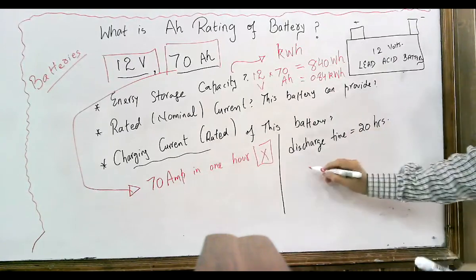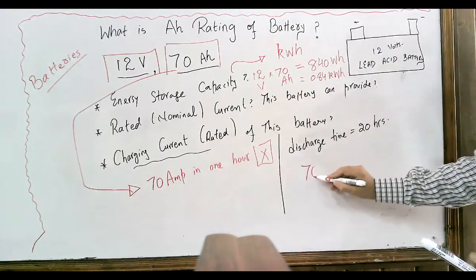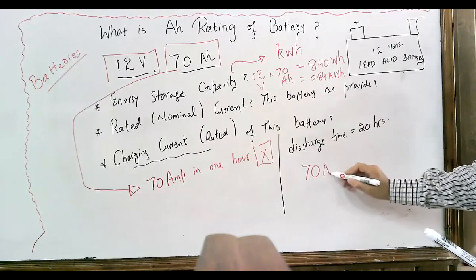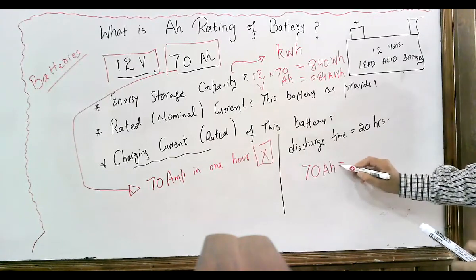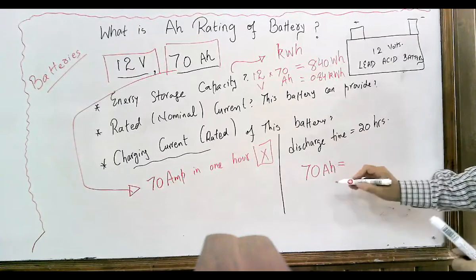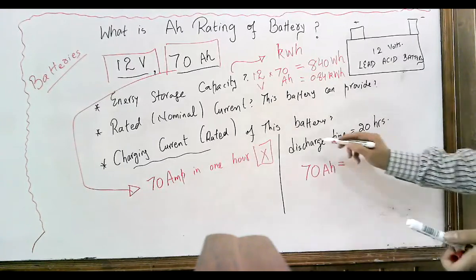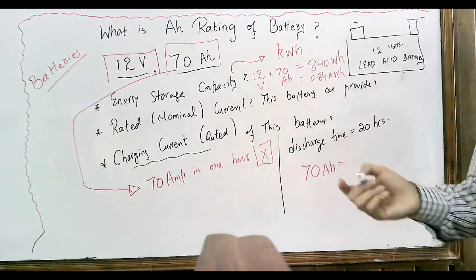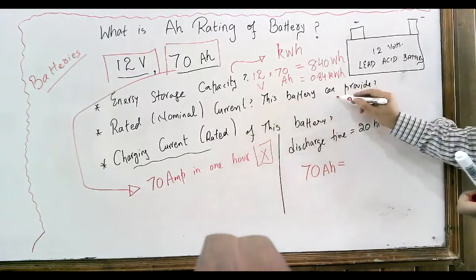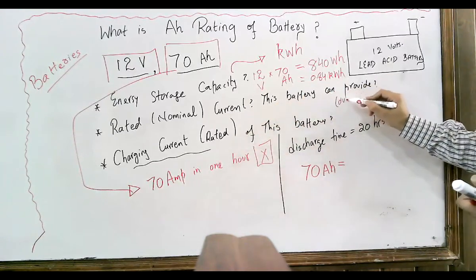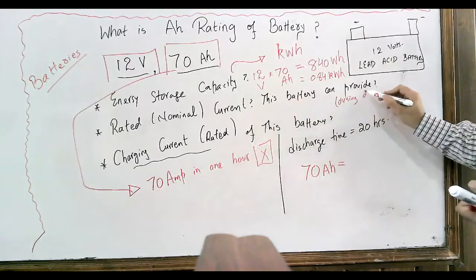Now look, this battery is rated as 70 ampere hour. It means that what we are interested in finding out is the discharge current, the rated current this battery can provide during discharge.